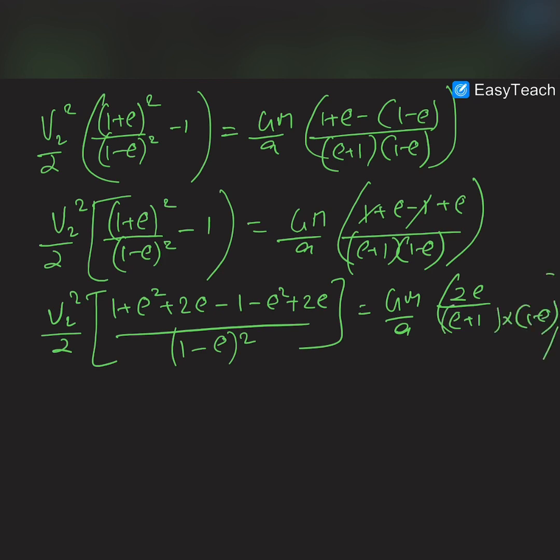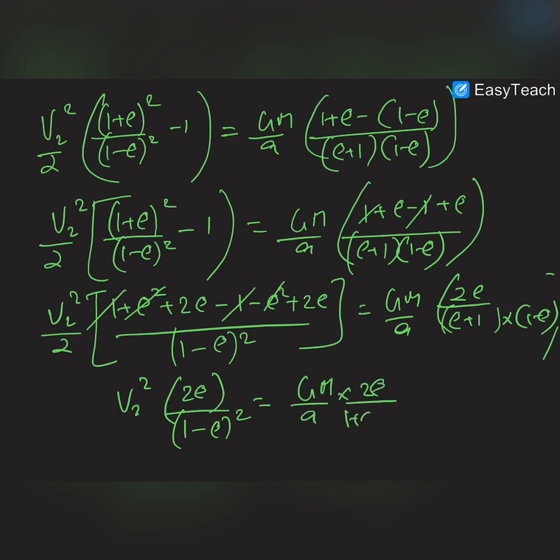Now you can see that it is cancelled out, and this would be v2 square into 4e, and cancelling this 4 with 2, so this is 2e, divided by 1 minus e whole square, and it is equal to GM by a into 2e divided by 1 plus e into 1 minus e.